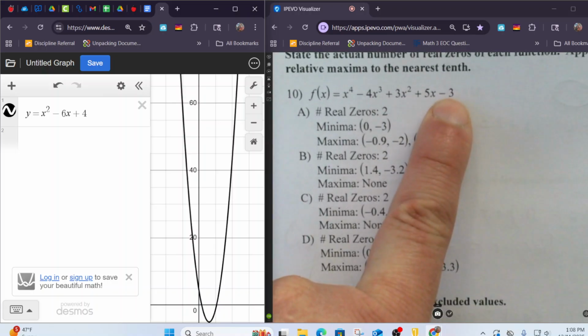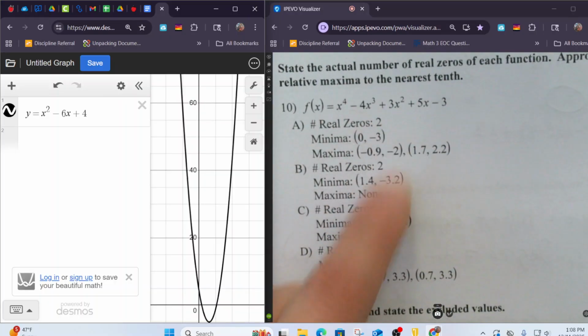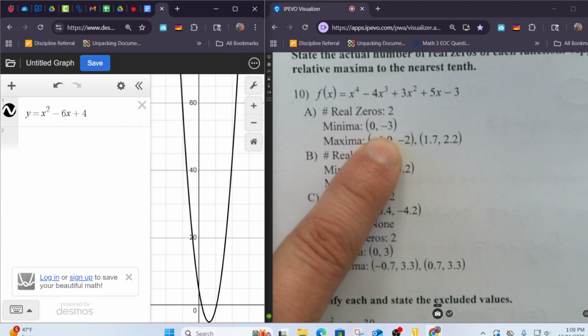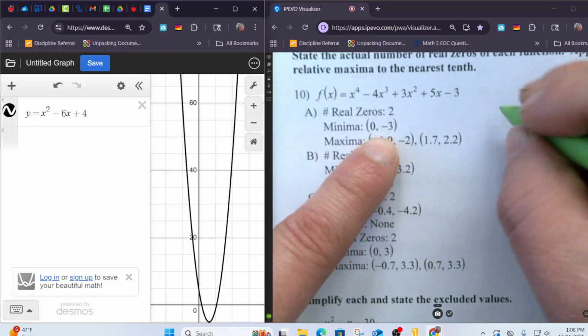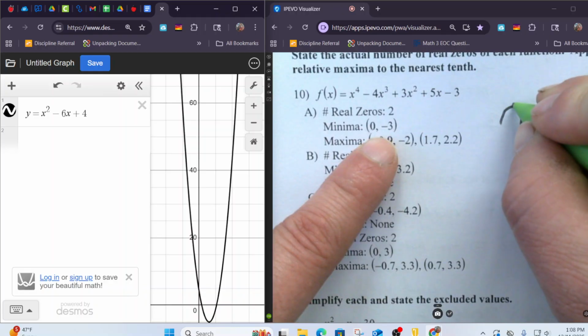Guys, if I have this polynomial, how am I going to find out how many real zeros it has? Plug it into Desmos. Remember maxima or relative minima. Excuse me, let's do maximum first.